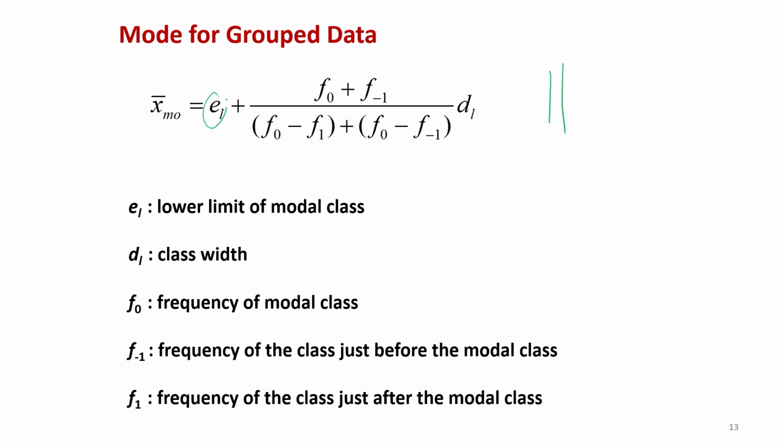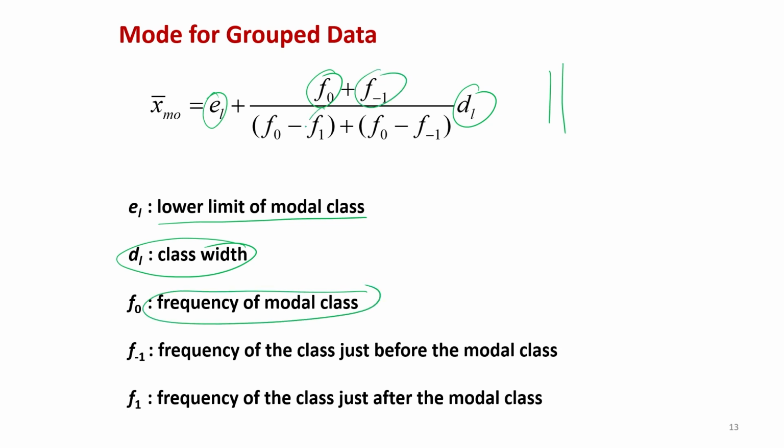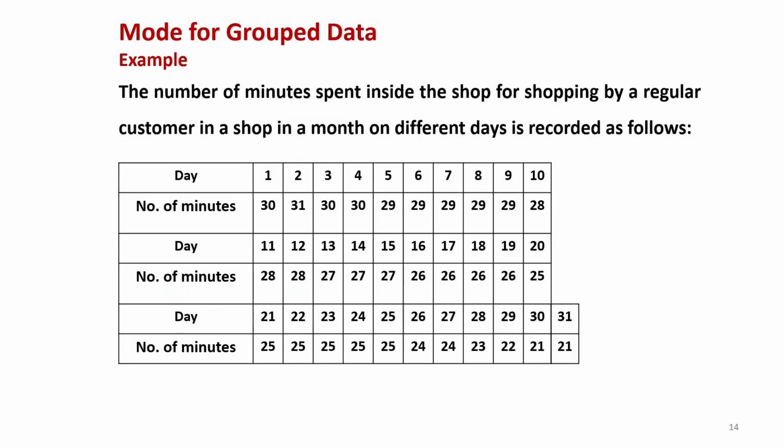Here EL is the lower limit of the modal class, and DL is the class width of the modal class. F0 is the frequency of the modal class, and F minus 1 and F plus 1 are the frequencies of the class just before and just after the modal class, right? Based on that you can find the mode.